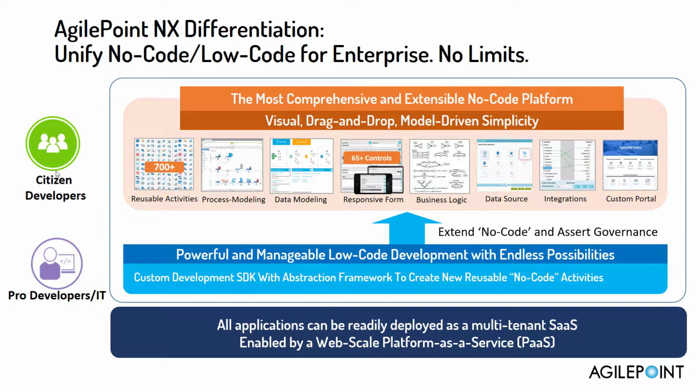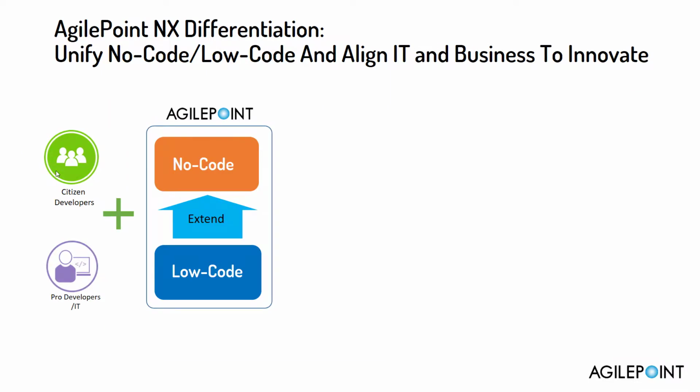Of course, all of this is backed by a web-scale platform as a service that's multi-tenant ready, enabling you to deliver the personalized experience that you need for each group, team, or division within your organization. So let's talk about a few of these primary use cases here. The first of which is to align business and IT and enable unparalleled innovation.